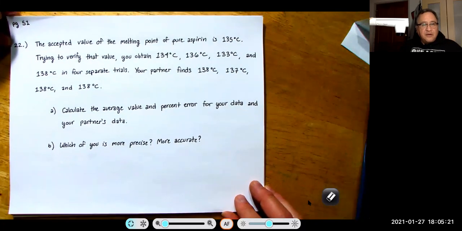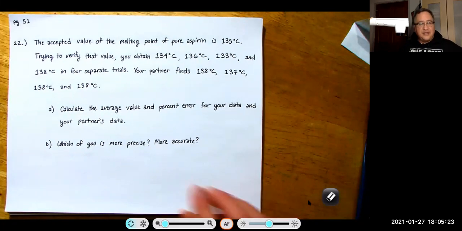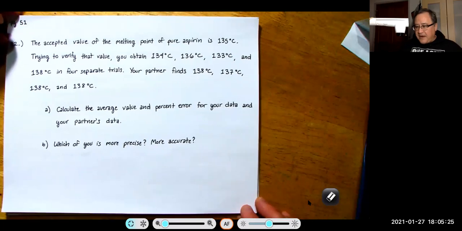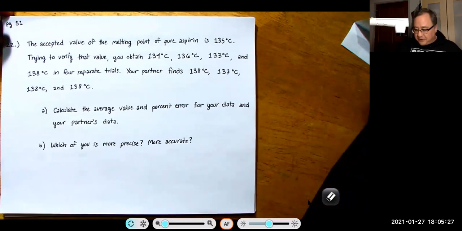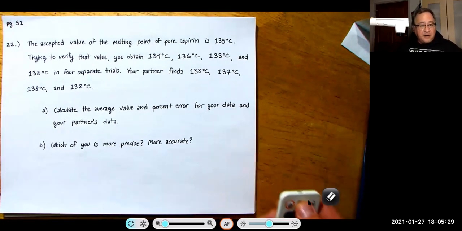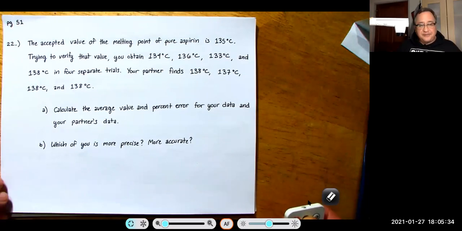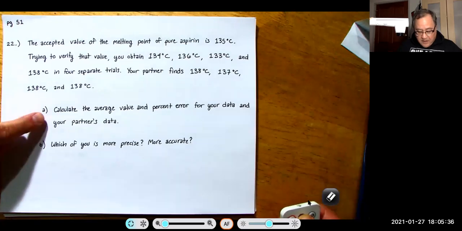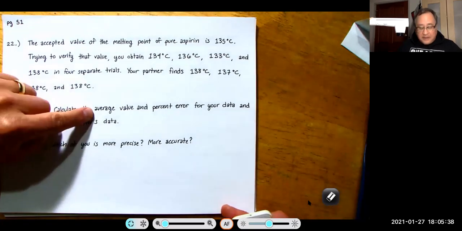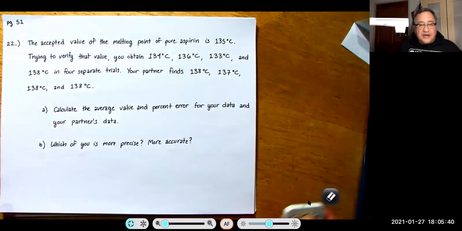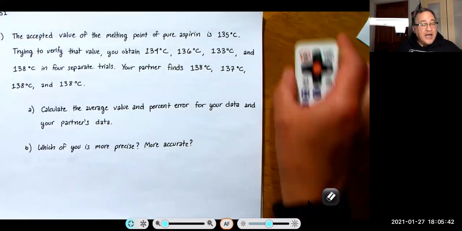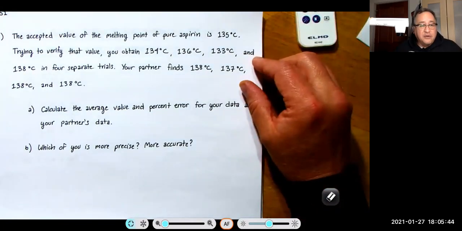This is just a reminder of what we finished off yesterday, where we were finding accuracy and precision to compare which one is more accurate and which one is more precise. Just a quick reminder, the average value and percent error: the percent error was used to determine which one was more accurate, smaller percent error, more accurate.